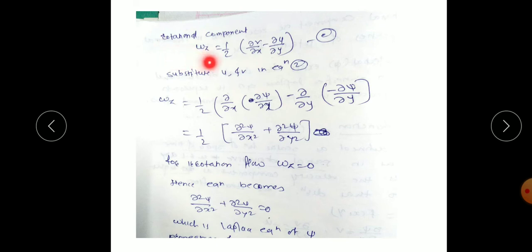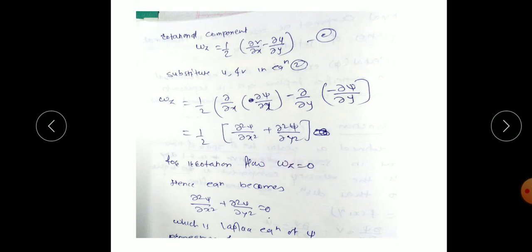So the rotational component already formalized, wz is this, substituting the value of u and v. u is del psi by del y, so half of this del square psi by del y square. For irrotational flow, this component should be 0. That is, wz should be 0.